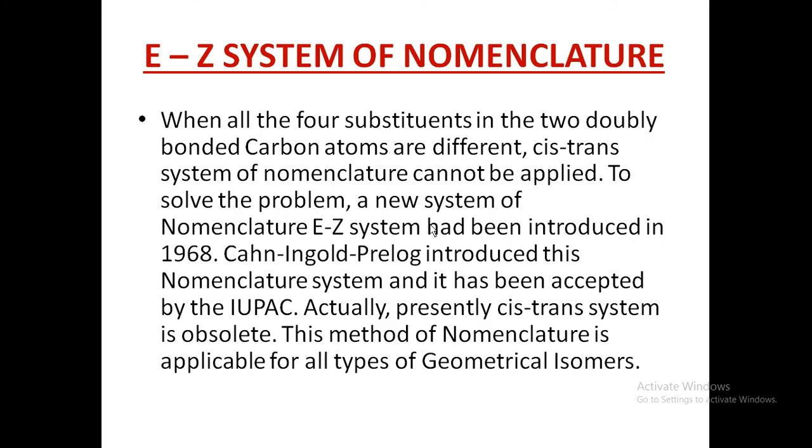Now, the EZ system of nomenclature. It is observed that when all four substituents on the two doubly bonded carbon atoms are different, then it is very tough to name these isomers following the cis-trans system of nomenclature. If you see the second structure, fluorine and chlorine are attached to the first carbon, and iodine and bromine are attached to the second carbon atom.